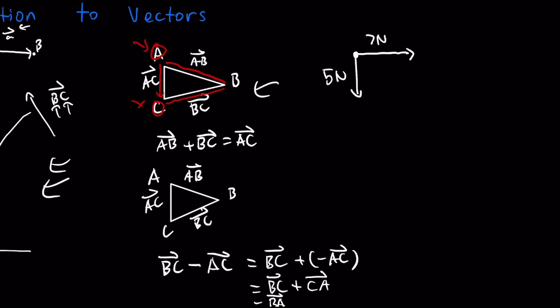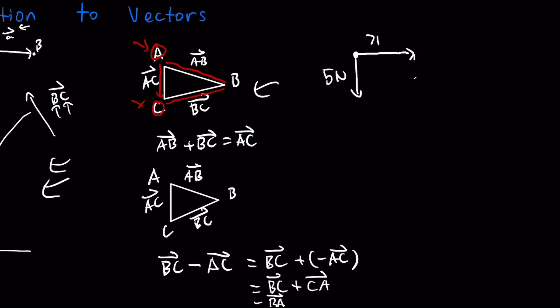How can we find the resulting force on this ball? Well, as we know, if we were to add these vectors, it would be simply putting this arrow to the end of this arrow or the other way around. So if we were to do this, it would look something like this.